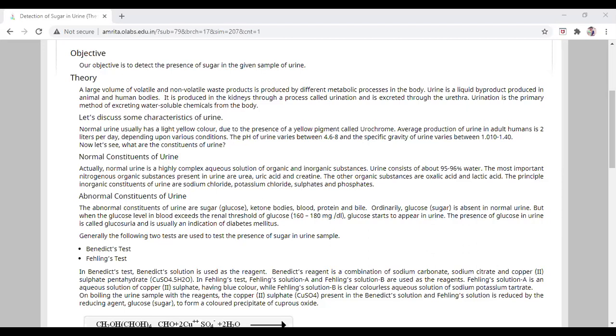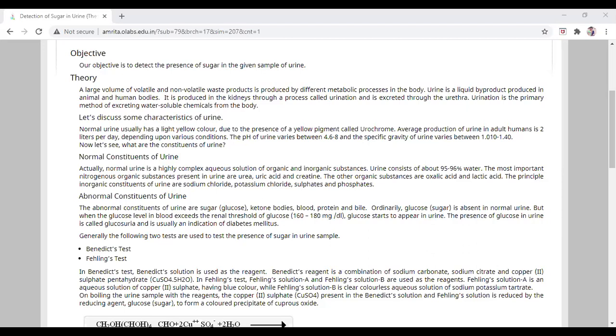These are abnormal things which should not be present, but because of a medical condition or some type of disease inside the body, they appear. Therefore, the urine is having glucose in it.